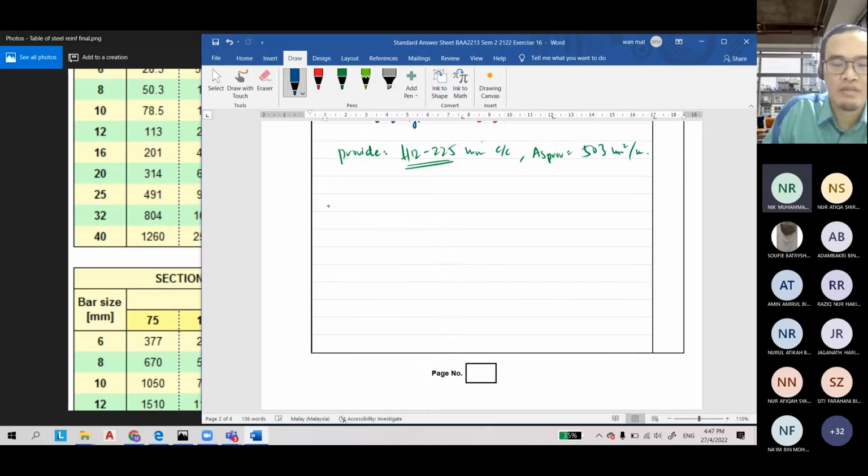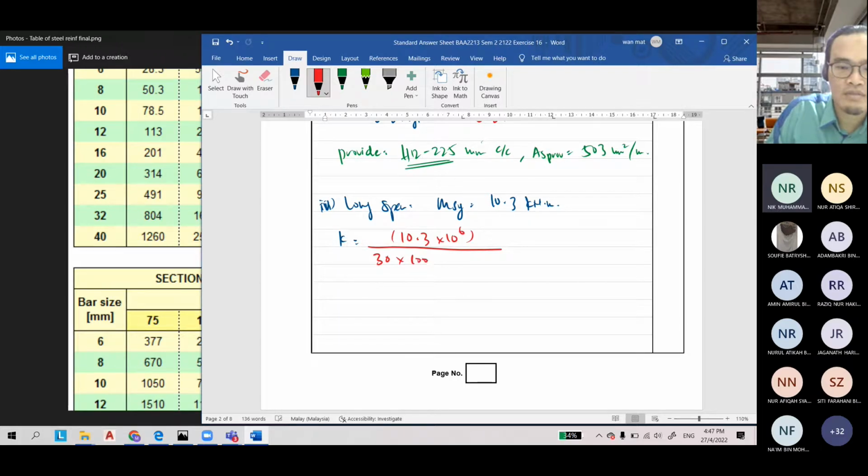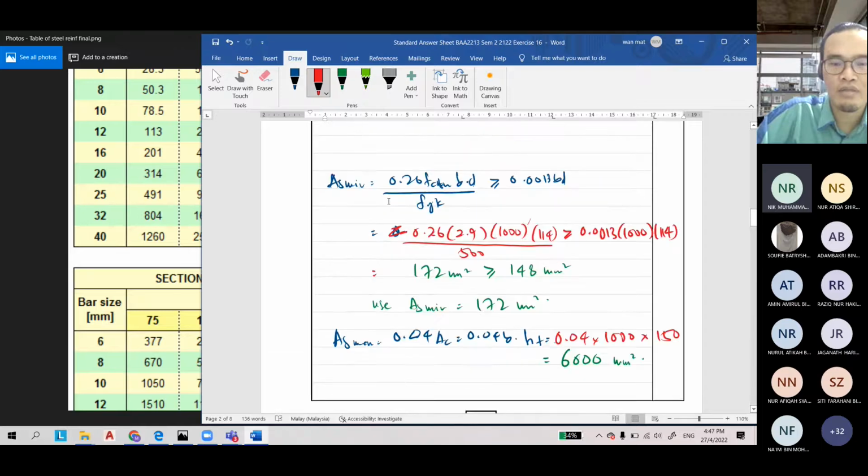And then you calculate for number four, the long span. For the long span, MSY is equal to 10.3 kilonewton meter. So calculate for me the value of K. I don't need to write the equation. 10.3 times 10 to the power of 6 divided by 30 times 1000 times, this one you be careful, the D is this one.